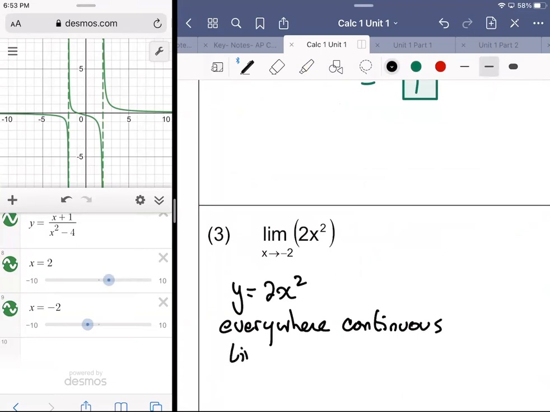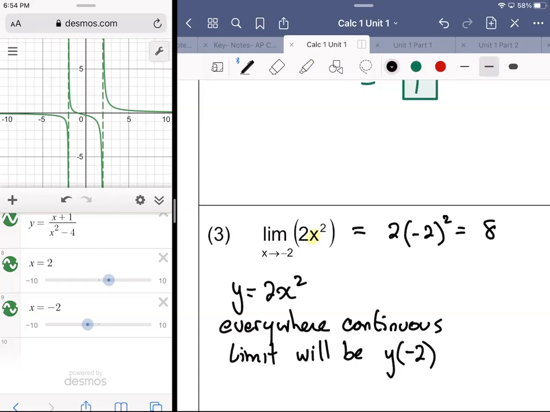So the limit will be whatever y of negative 2 is. All you have to do is figure out the y value that corresponds with the given x. So we pop in a negative 2 and we get an 8, and that's it.